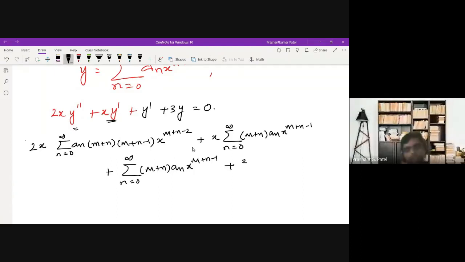And the last term is 3 into summation n running from 0 to infinity a n x raised to m plus n.